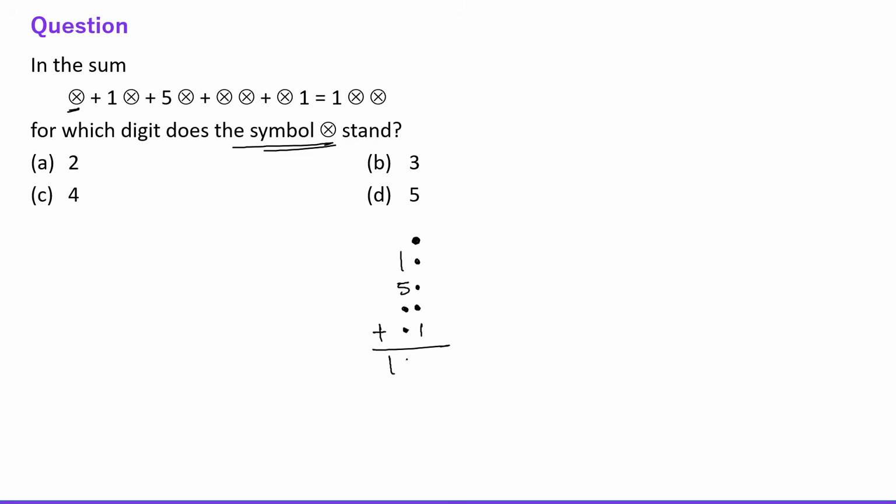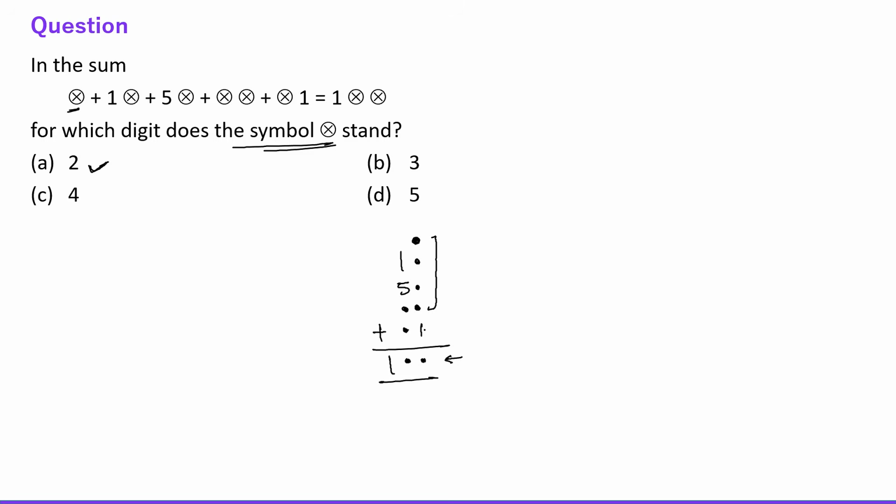It comes out to be 1 double dot. So here this is 4 times dot plus 1, and we are getting the unit as dot. So just take the options. Take the first option as 2. So 2 plus 2 plus 2 plus 2.